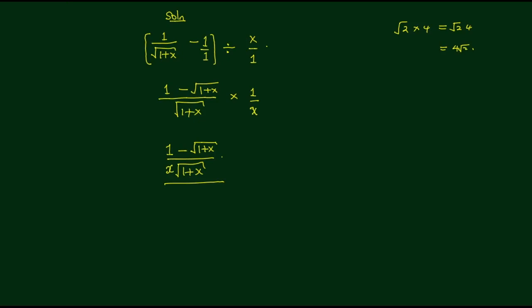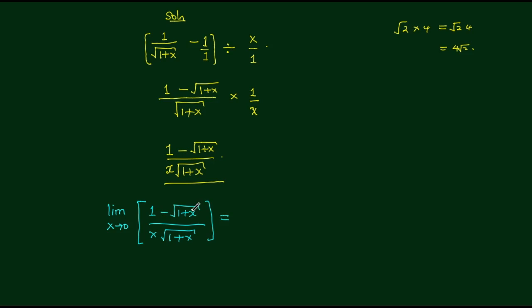So what we need to do here is to now write the limit as x tends to 0 of this new version, which is 1 minus under root of 1 plus x, then we're dividing it by x under root of also 1 plus x.